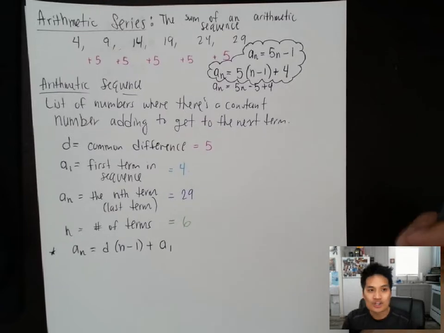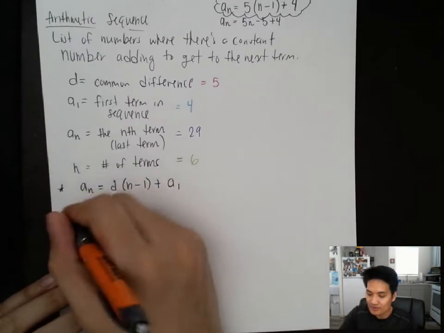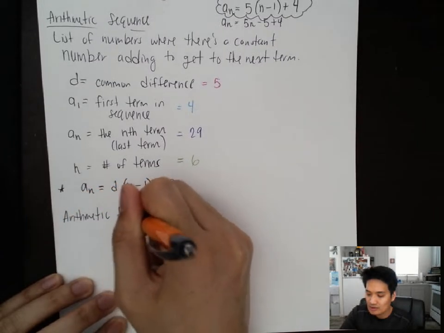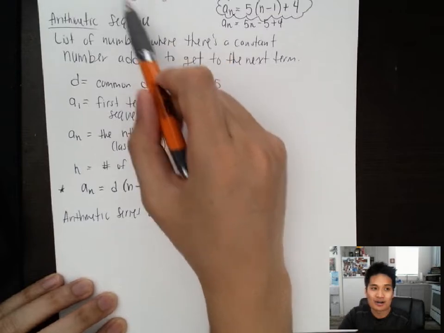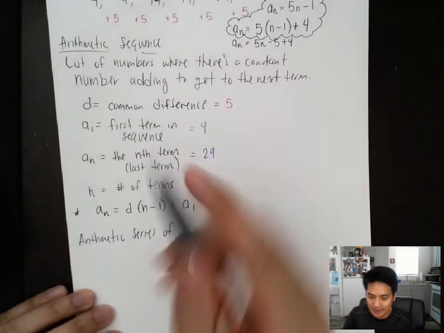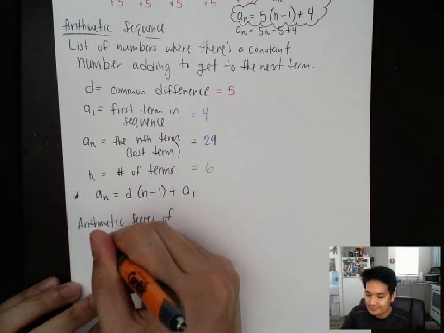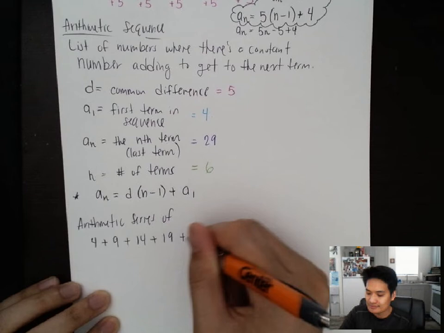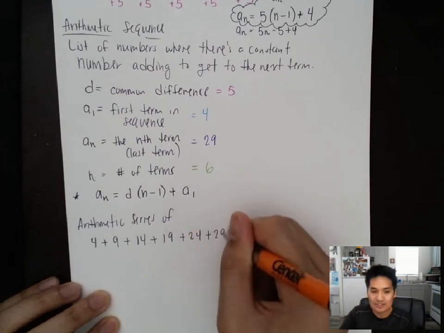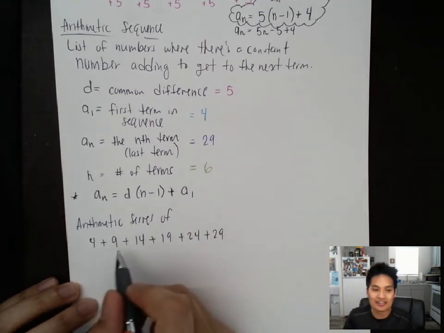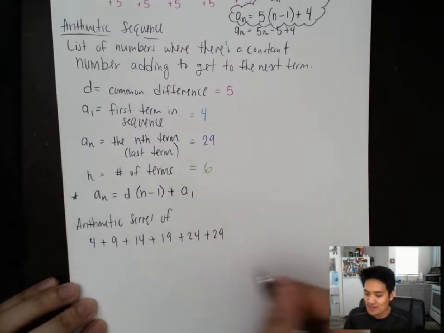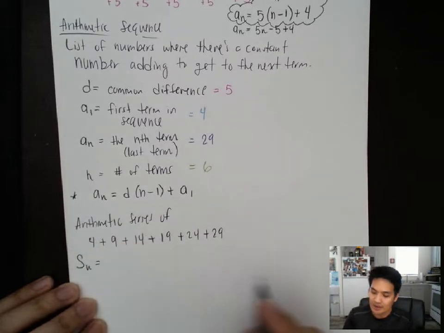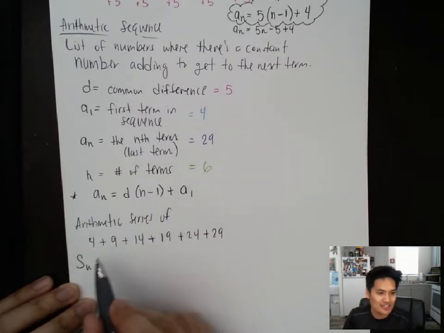If I wanted to find the arithmetic series of the sequence above, I would write it like this: 4 plus 9 plus 14 plus 19 plus 24 plus 29. Adding these 6 terms together gives us what we call S sub n of this sequence.